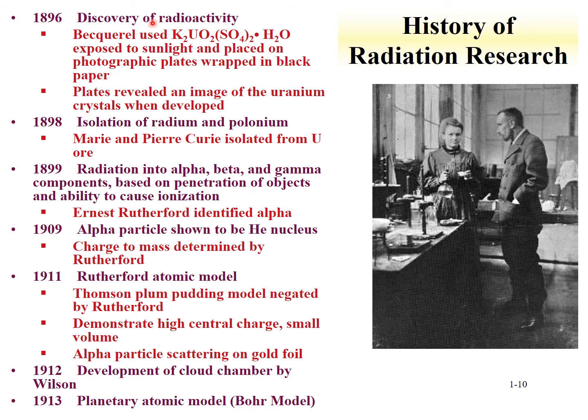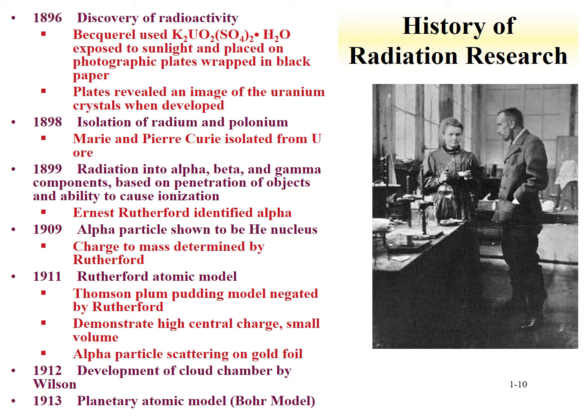Becquerel had this salt, potassium uranyl sulfate, and he exposed it to sunlight. He wrapped photographic plates in black paper. The photographic plate at the time, if you think about it, was still kind of early material back in the late 1800s.